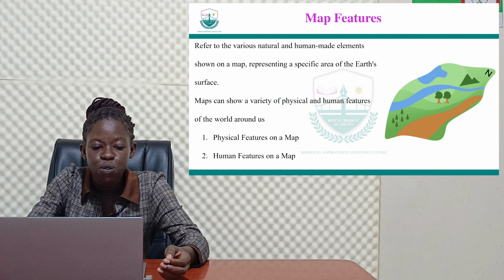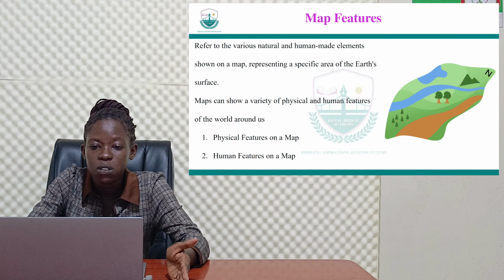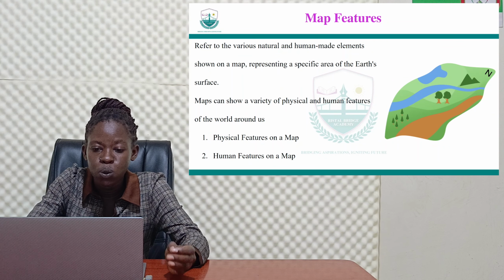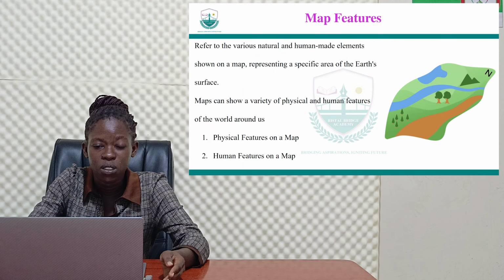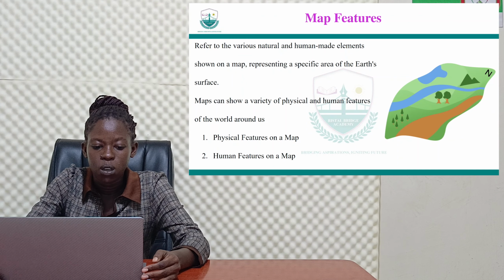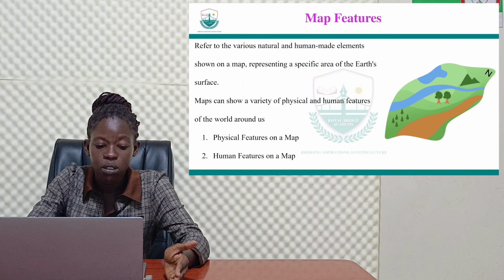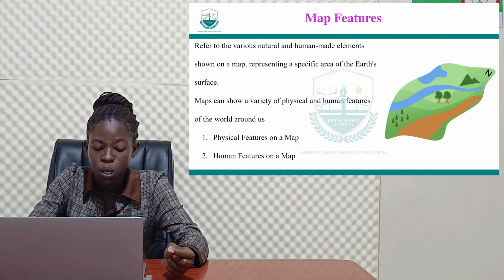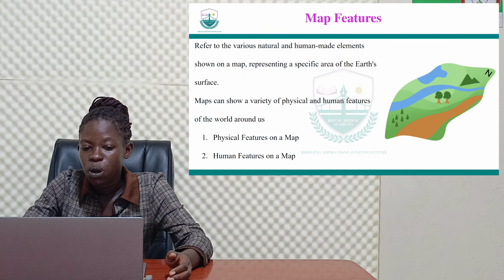There are specifically two: the natural map features and the human map features. I would love us to get into an understanding of what the physical features on a map mean, and what the human features on a map mean. So let's start with the physical features on a map.